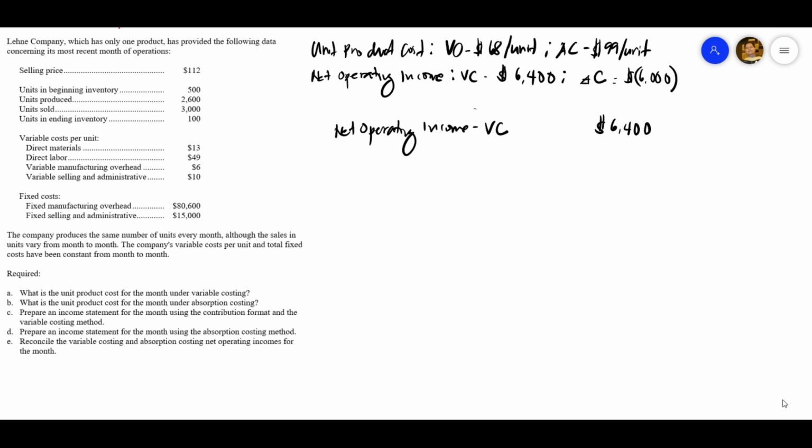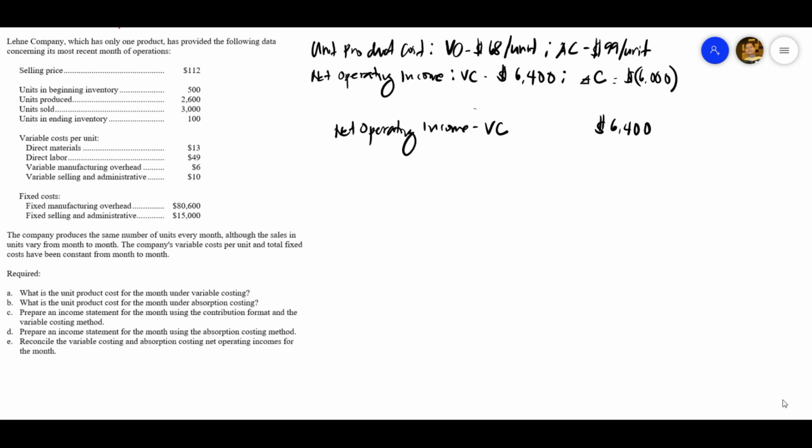In variable costing, please do remember that the inventory pertaining to the beginning inventory was outrightly expensed in the previous period. Okay, so it doesn't have any effect anymore on the current period. Whereas with absorption costing, the fixed manufacturing overhead that is part of the inventoriable cost in the beginning inventory is now fully expensed, making it have a lower income. Okay?